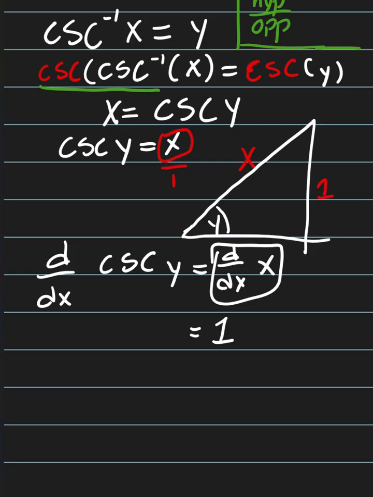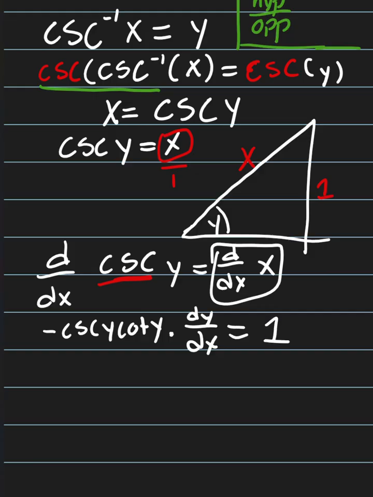That just means take the derivative of this with no problem, which is negative cosecant y cotangent y, but we have to multiply this by dy over dx, and this is equal to 1.